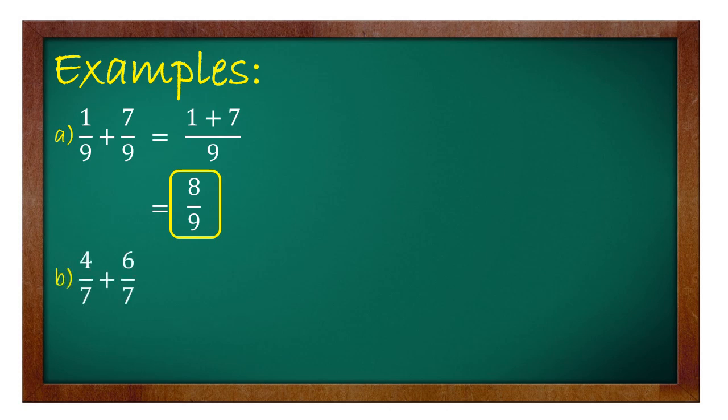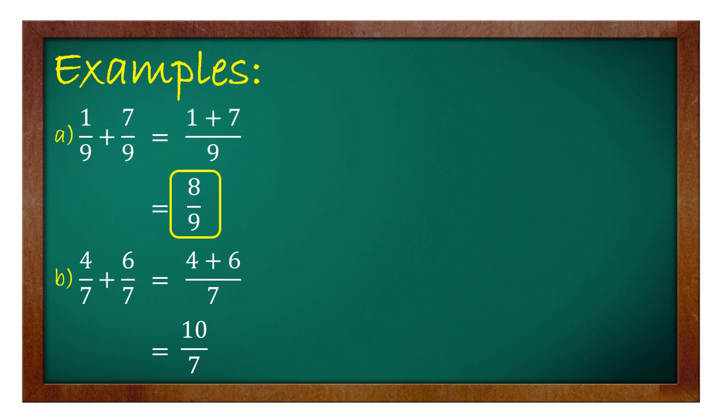Another example is 4/7 plus 6/7. So, similar fractions, we just simply add the numerators. 4 plus 6 all over, copy the denominator, which is 7. So, that means 10 over 7. Now, there are instances na hindi tinatanggap ang improper fractions as an answer. So, you have to change it into mixed number.